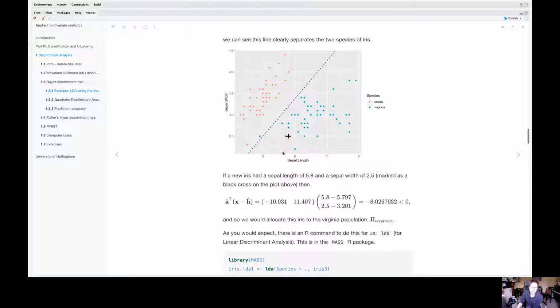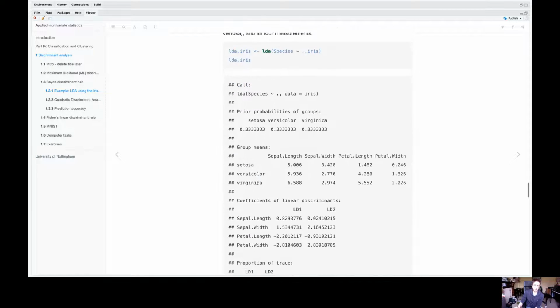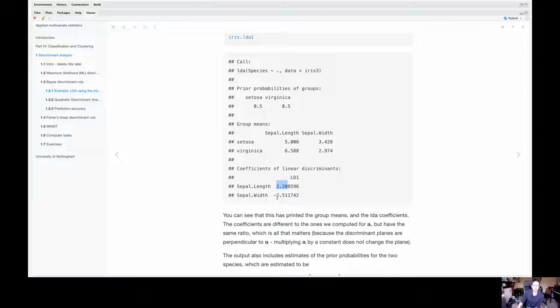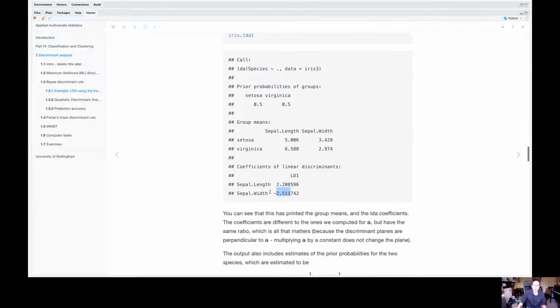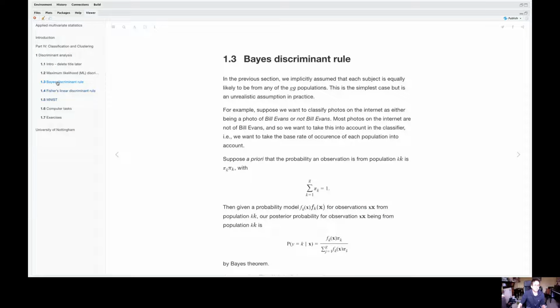We found our values of A to be -10 and 11.4, whereas here, we were given these coefficients, 2.2 and -2.5. We're going to talk later about how we find these things in general. But notice that all that matters is their ratio.